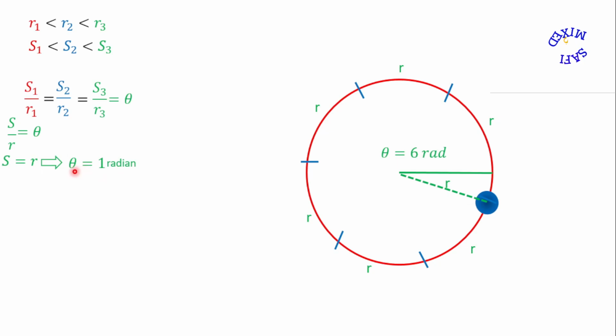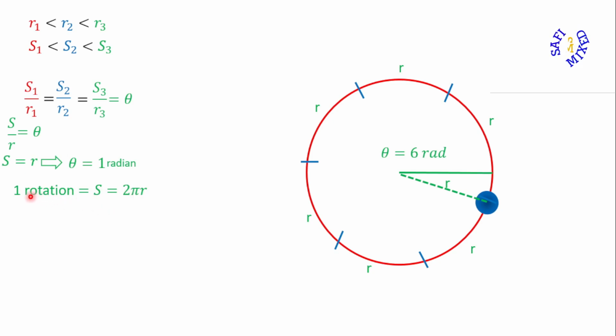Okay, now I want to create a link between this new measure of angle and the degree, which we already use as a measure of angle. And for that, I use our previous knowledge. We know that for one complete rotation, the arc length S equals the circumference of the circle, 2 pi r.